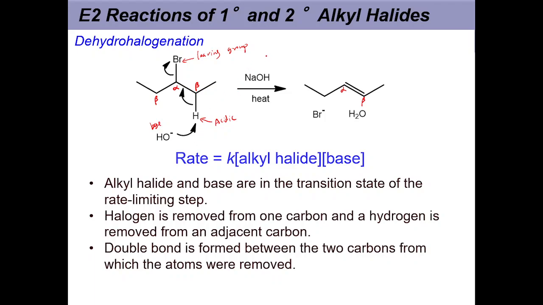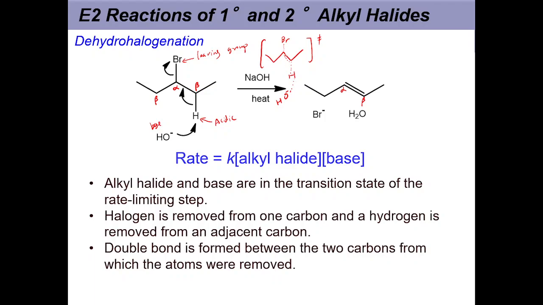So the transition state will look like this. The leaving group has not left yet, and the double bond is partially formed, and the hydrogen has not completely left yet. And the base is partially bonded to hydrogen. This is the transition state.